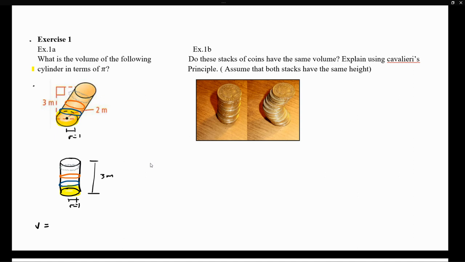Remember that the formula for the volume of a right cylinder is pi r squared times the height, so pi times 1 squared times 3, which is equivalent to 3 pi meters cubed.